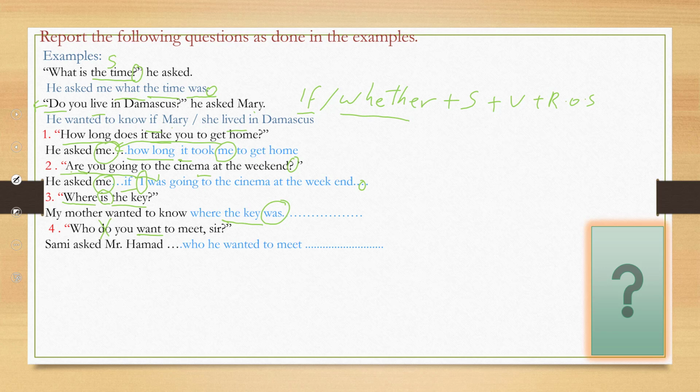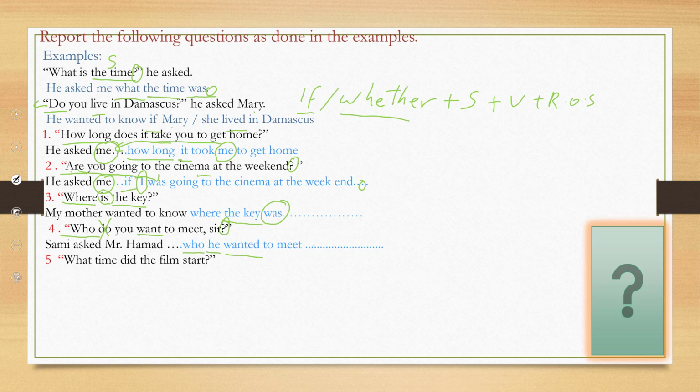So do should be dropped, omitted. Who, he, first who, then the subject, he, then want is changed into the past because here we have present simple, it's changed into past simple. Who he wanted to meet. Of course, the question mark is changed into a full stop.